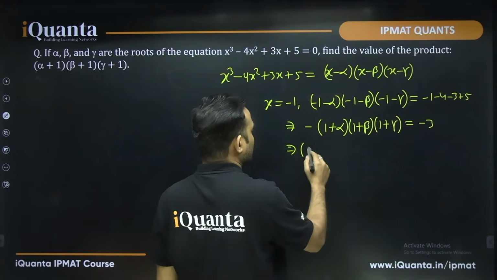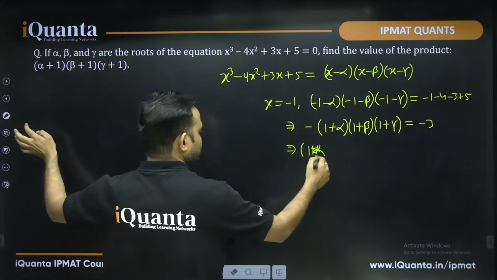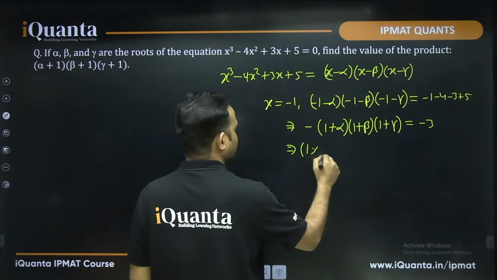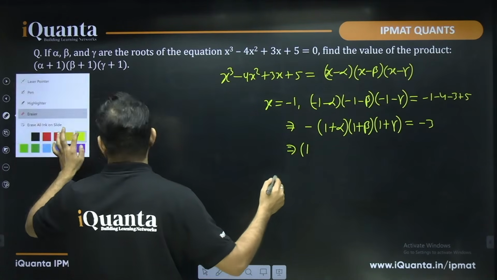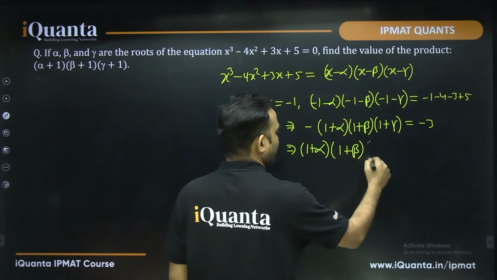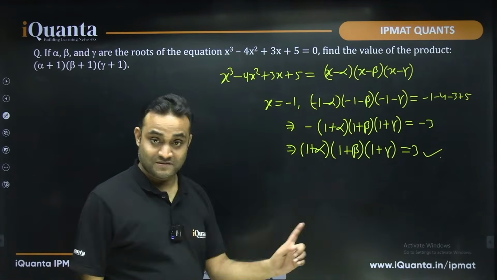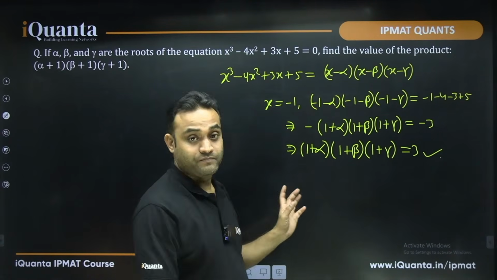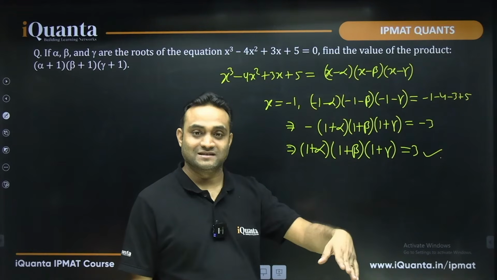So 1 plus alpha, 1 plus beta, 1 plus gamma will be equal to 3. That's your answer. And that's a good question. You don't need to find the value of alpha, beta, gamma, or multiply all this and then find the answer, right?